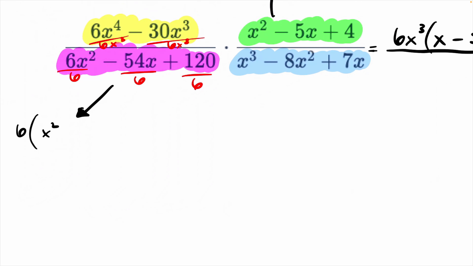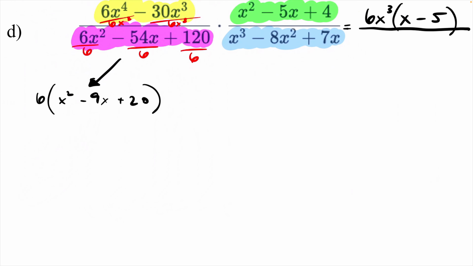So I get x squared minus 9x plus 20. Still a trinomial, so I can do A, B, C, but anytime there's a GCF, do GCF first. So A is 1, B is -9, C is 20.